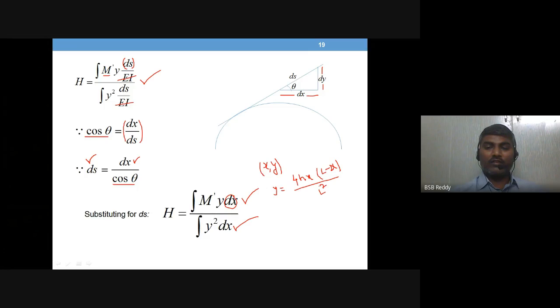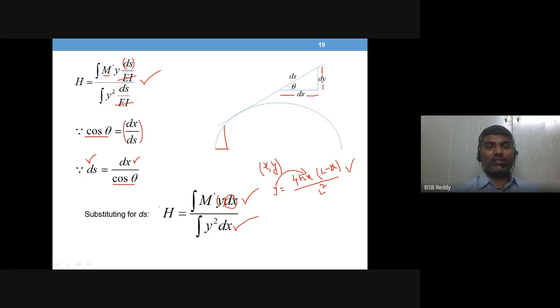Okay, this is the relation between y and x. y is also a variable. As x varies, y also varies. So if you want to integrate the variable y, your y should be in terms of x. So that's why you should replace y always with this expression. So then you can carry out your integration comfortably.